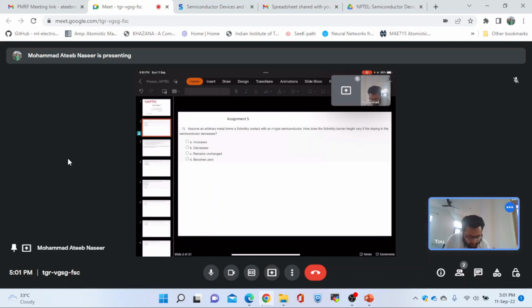So in here, it states how the barrier height varies if the doping in the semiconductor is decreased. As we already know, as taught by the professor in our class, he showed how we can form the metal semiconductor junctions. Let me directly go to the result for the Schottky barrier height in the case of an n-type semiconductor.